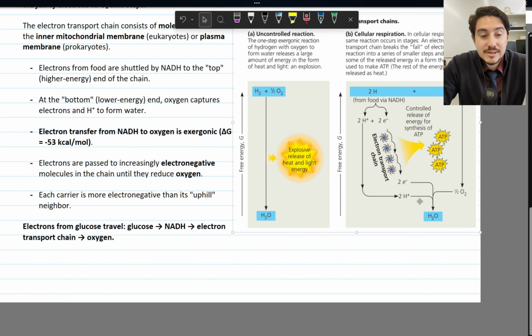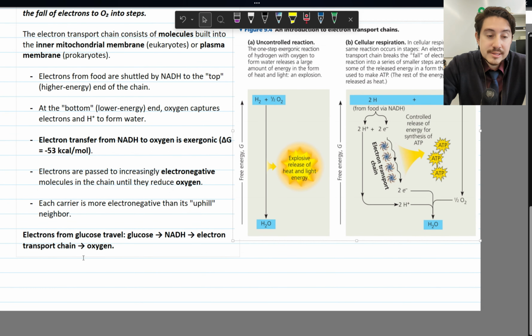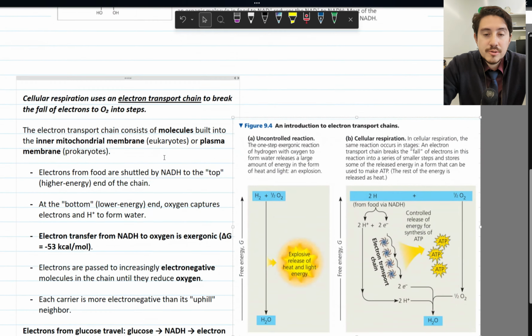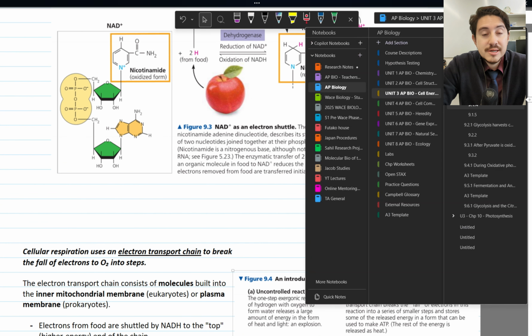So you definitely don't want that to occur in your body. Instead, you have this system that is more efficient within the cell. Okay, so ultimately, you have electrons jumping from glucose to NADH, to the electron transport chain, to oxygen. As this is passing down, you are liberating energy, right? And you're harnessing energy to produce ATP.